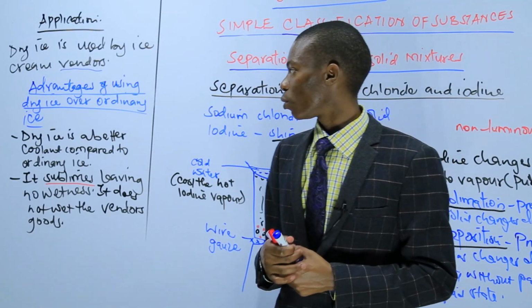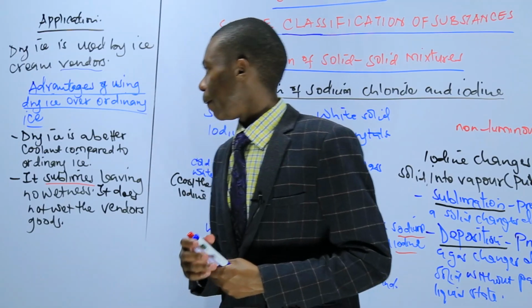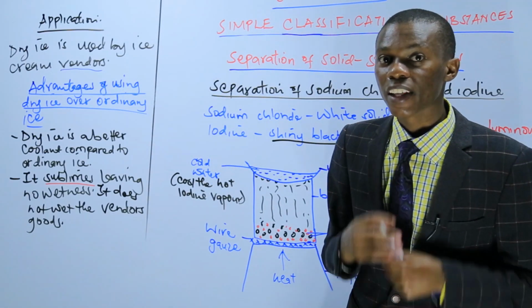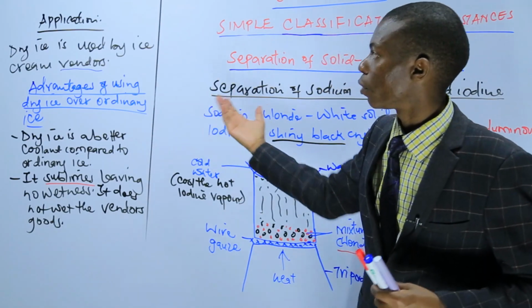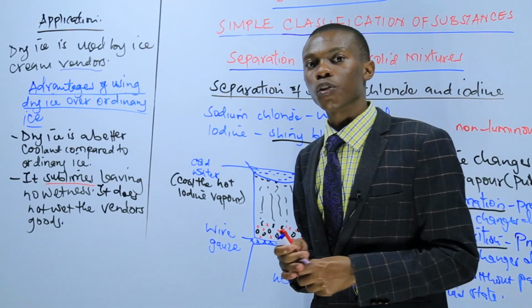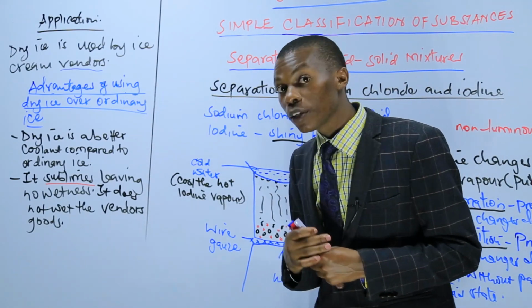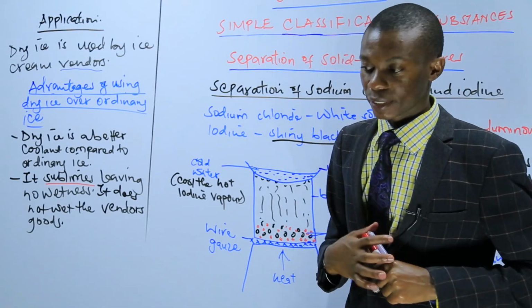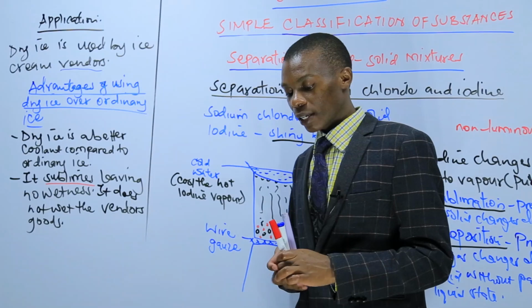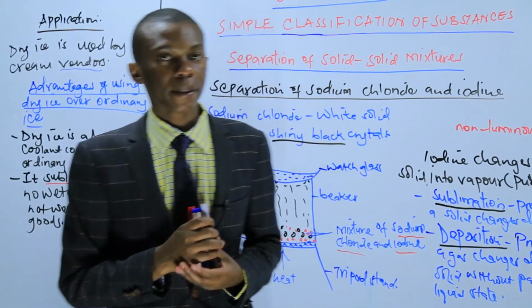Therefore, those are the advantages of using dry ice over ordinary ice. Then the application, again, don't forget, dry ice is used in cold boxes by ice cream vendors. So that was our lesson today.